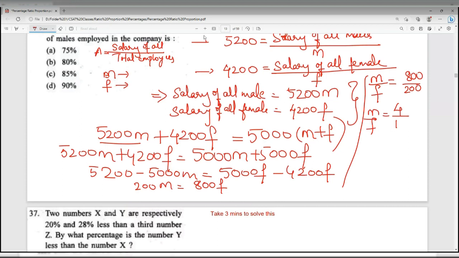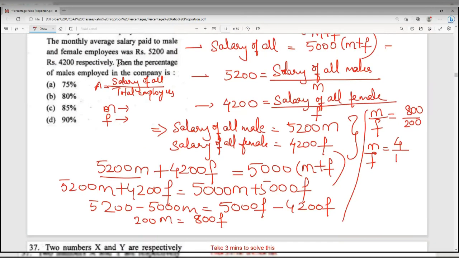So we have that the male to female ratio is 4:1, but what they're asking is the percentage of male employees, that is M by M plus F. So we can let the number of males be 4x and the number of females be x, since M by F is 4 by 1.